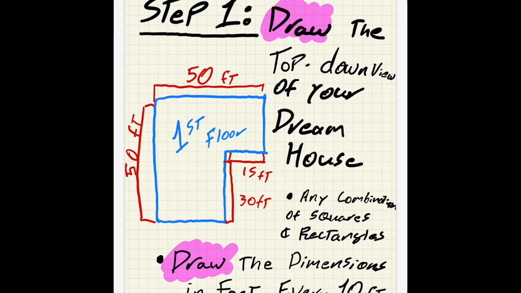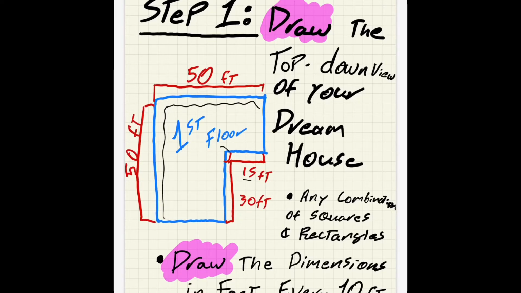Step 1, I would like for you, the scholar, to draw the top-down view of your dream house. So here I've drawn it out. I have this nice little L shape. I've made it out of two rectangles put together. So any combination of squares and rectangles to make that combination shape.